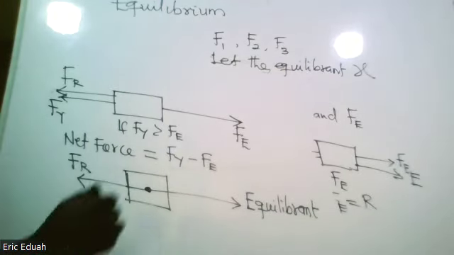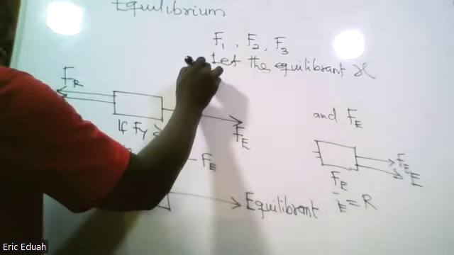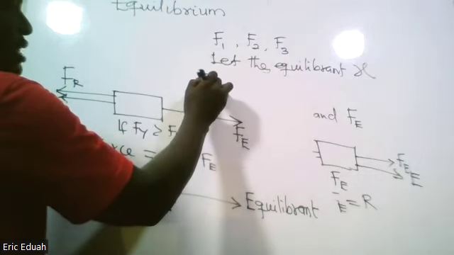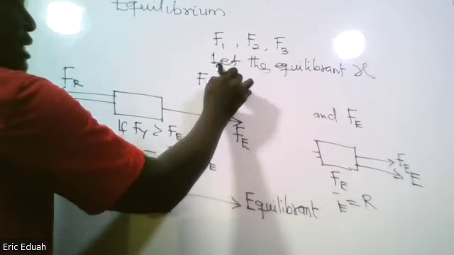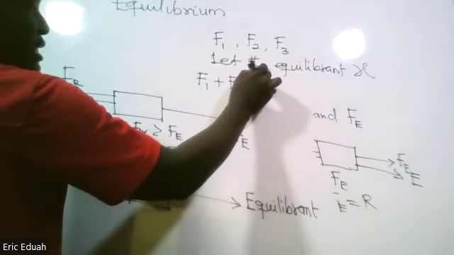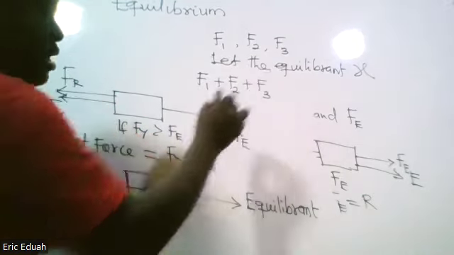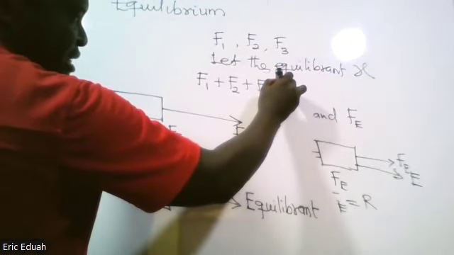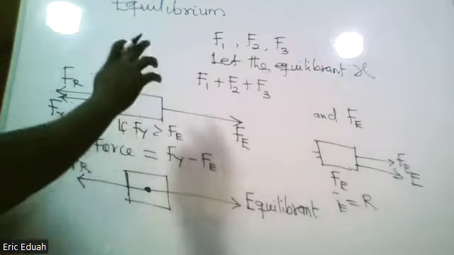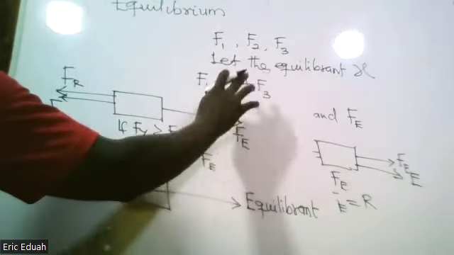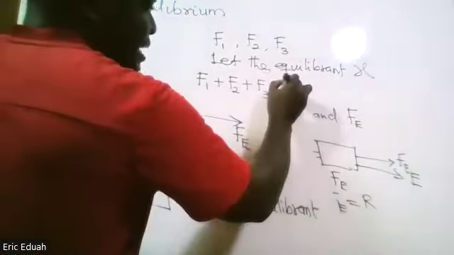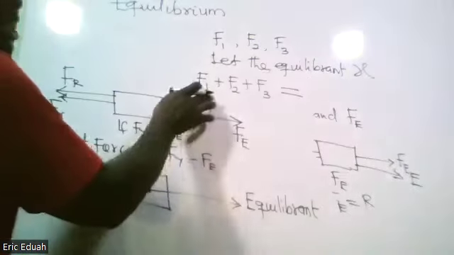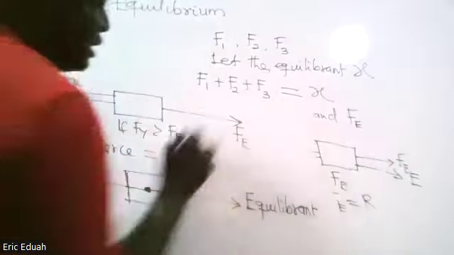Then it means that if I add all the forces, F1 plus F2 plus F3, and add the equilibrant, the effect of all this must be equal to zero.